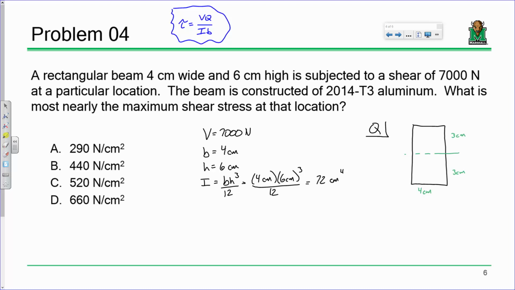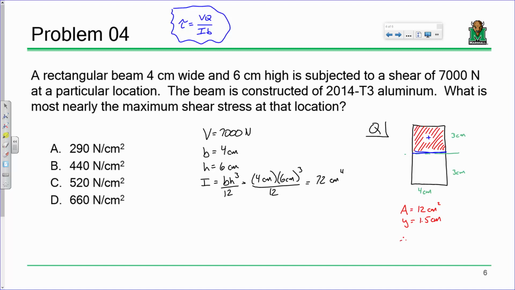So we look at everything above that line of interest and we say, okay, let's look at this area right here. What's the area of that block? 12 square centimeters. What's the moment arm? And the moment arm, what I mean by that is how far is it from the center of that to right here. What is that distance going to be? 1.5.